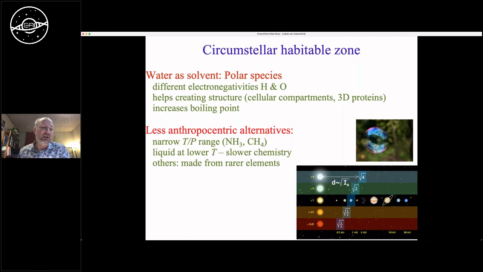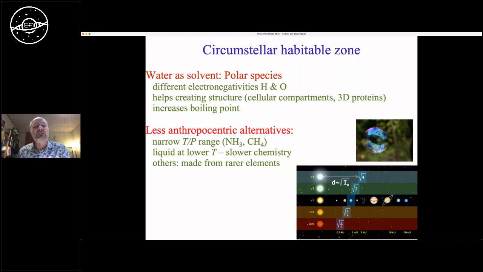I guess other planets could use other liquids, right? So, for example, ammonia or methane can also be liquid, but they do so in a narrower range of temperature and pressure. So then you need very specific conditions to have those substances liquid. And also, they have their melting and boiling points at lower temperatures.